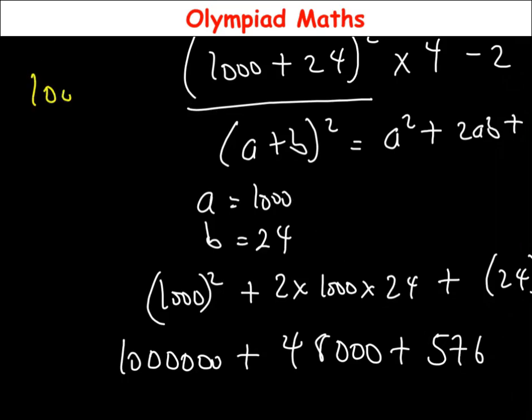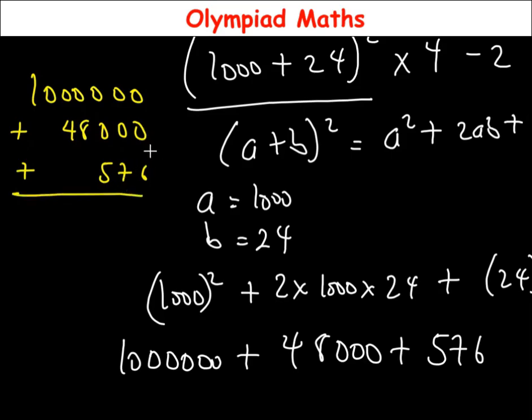So 1 million plus 48,000 plus 576. That will be equal to 0 plus 0 plus 6 is 6. 0 plus 0 plus 7 is 7. 0 plus 0 plus 5, 5. 0 plus 8, 8. 0 plus 4, 4. Then we have 0. Then we have 1.